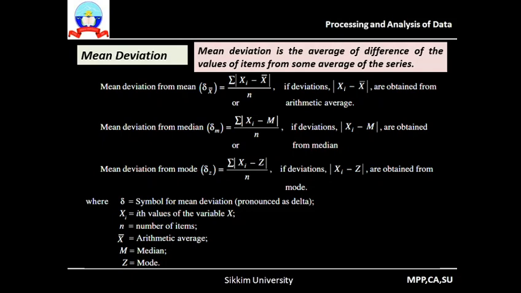Likewise, mean deviation from median will be sum of differences of the data points from the median divided by the total number of instances. Likewise, mean deviation from mode will be sum of differences of the data points from mode divided by the total number of instances. So we can find mean deviation from mean or median or mode.